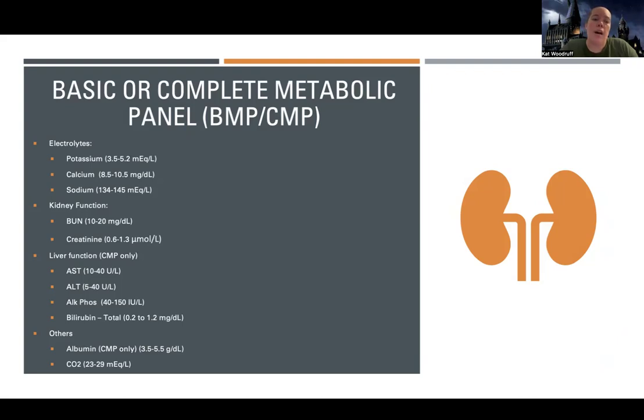But the BUN, blood urea nitrogen, is pretty much a sign of waste products in your body building up. So when your BUN is higher, it's showing that there are waste products that your kidneys are usually supposed to get rid of, and they're not getting rid of them. That could be for many, many different reasons. You can go to my renal videos if you want to learn about this.